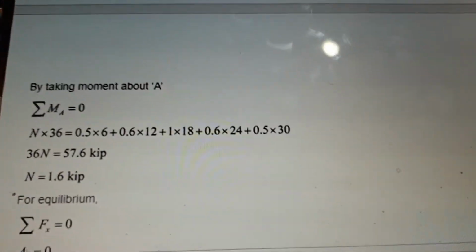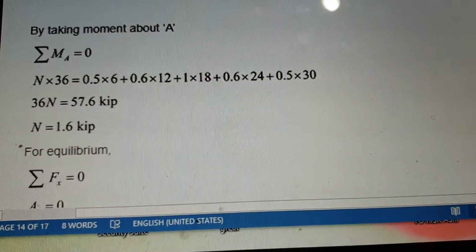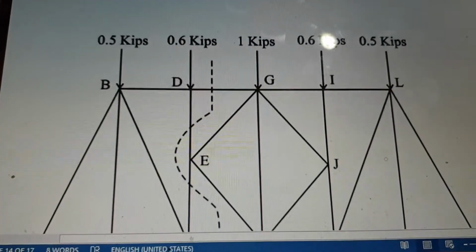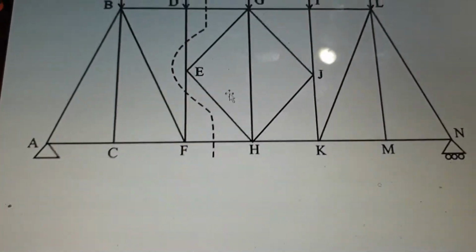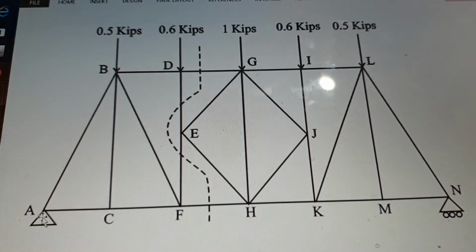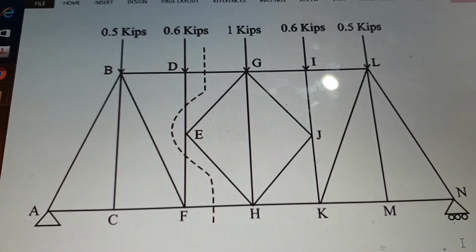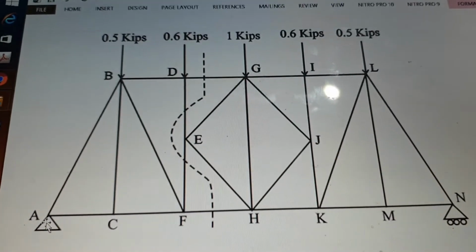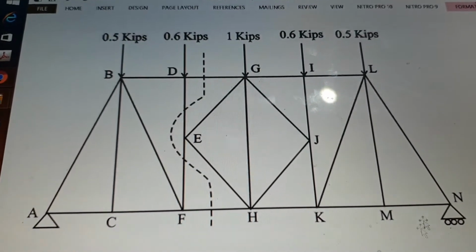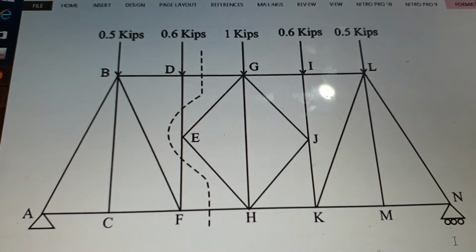So we should find, first of all, remember here, you take the whole truss. There's two forces here, one in the Y and one the X, and here one in the Y. So if you take moment at point A, you can see that this force is going up.